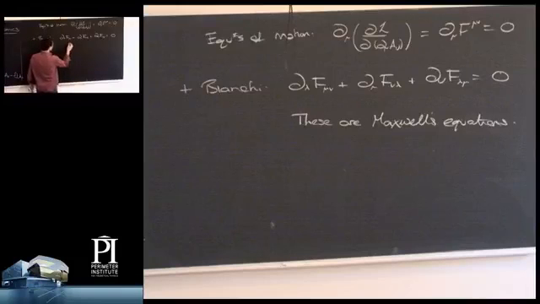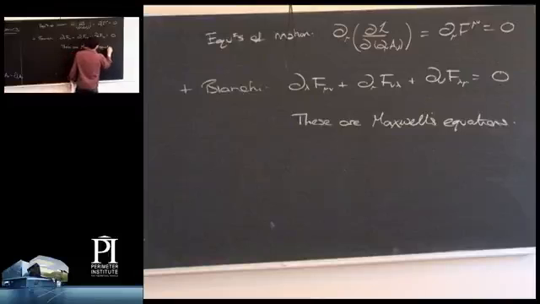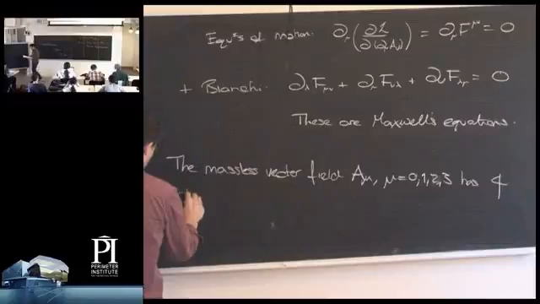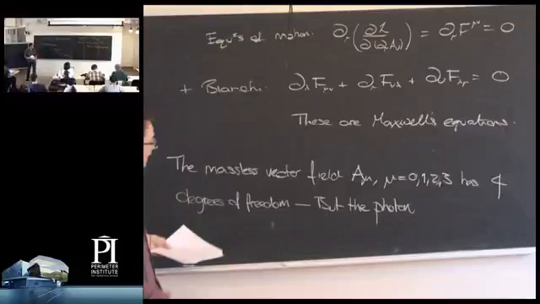And this set of equations are called Maxwell's equations. OK, so this was set as an exercise in the very first week, to derive Maxwell's equations from this Lagrangian. But is everybody happy with this notation, these ideas? Yeah? OK. Good. So what we want to do is quantize this Lagrangian.